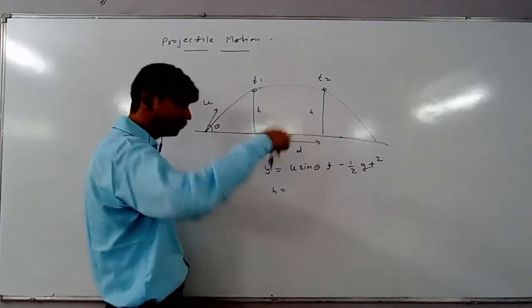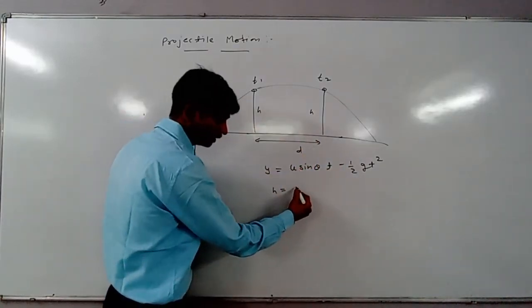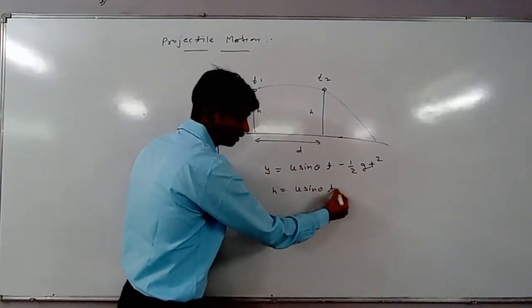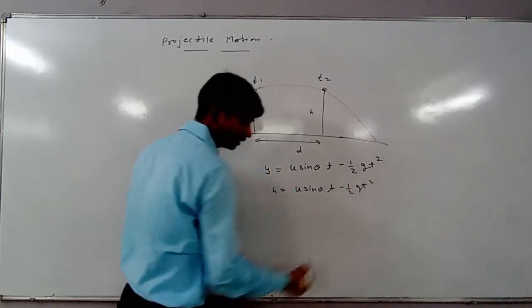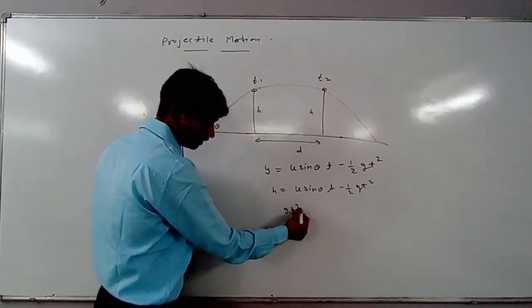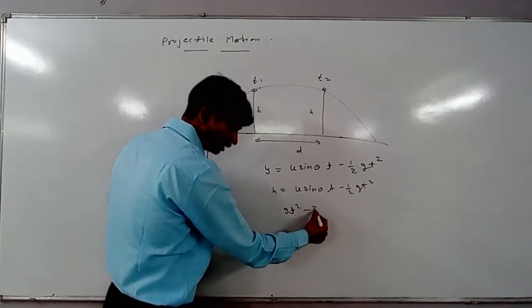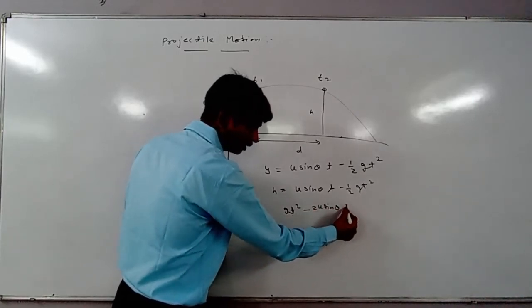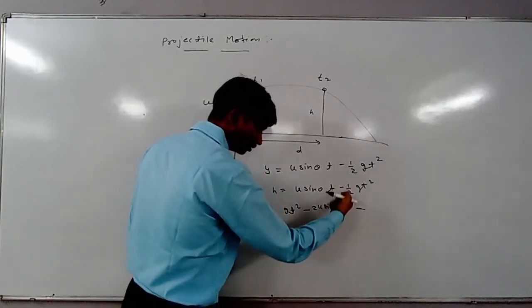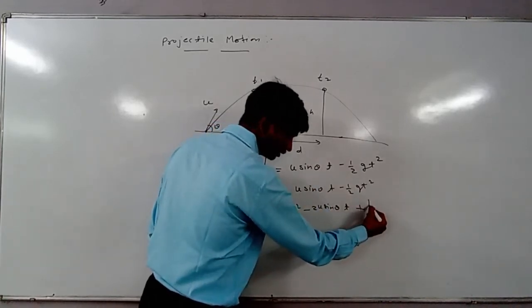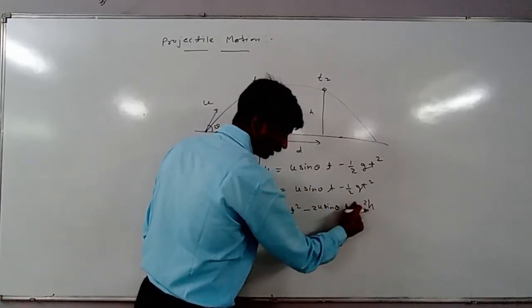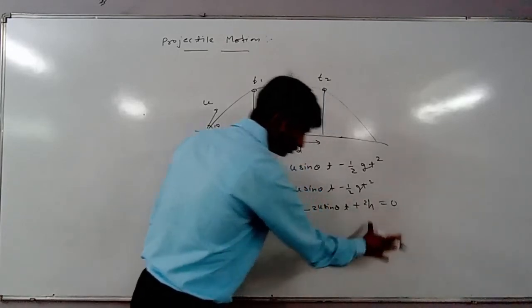And t1 and t2, if t1 and t2 are given, then h is equal to u sin theta t minus half gt square. This is the quadratic equation, and if we simplify it, gt square minus 2u sin theta t plus 2h is equal to 0.